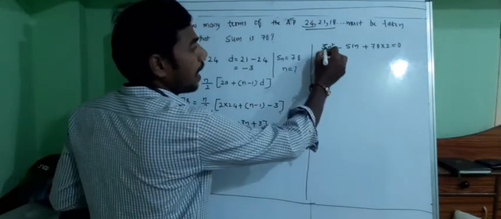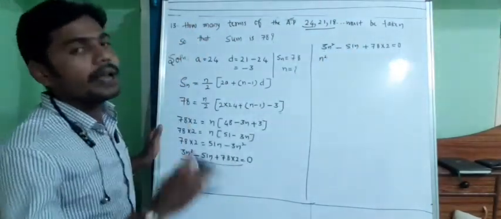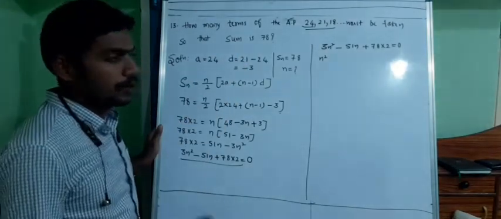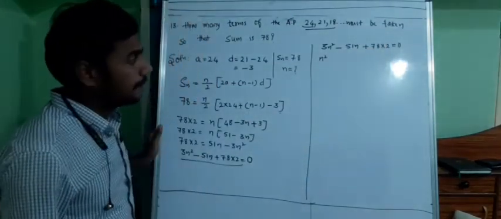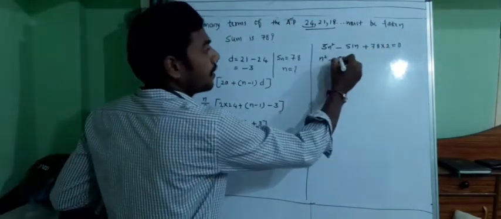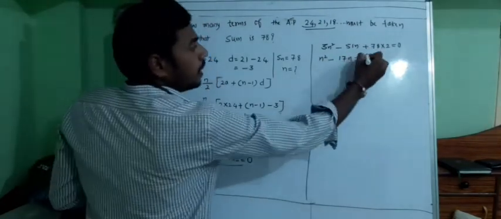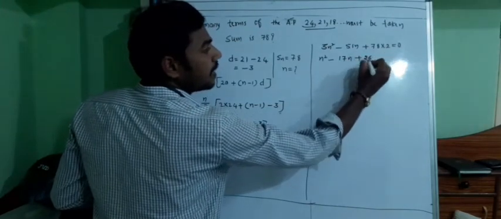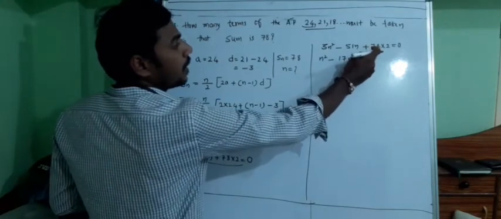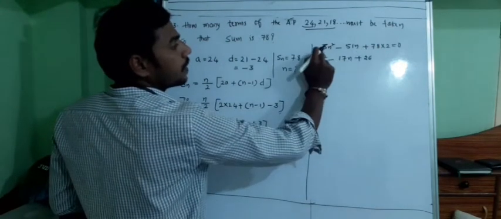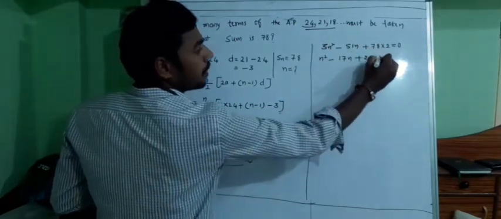So n square. What am I doing? Divide the entire equation by 3 to simplify my calculation. Directly you can solve it, but to simplify my calculation, I'm going to divide the entire equation by 3. n square minus 3 into 17, 17n, plus 3 2s are 6, 3 6s are 18, into 2 is equal to 0.